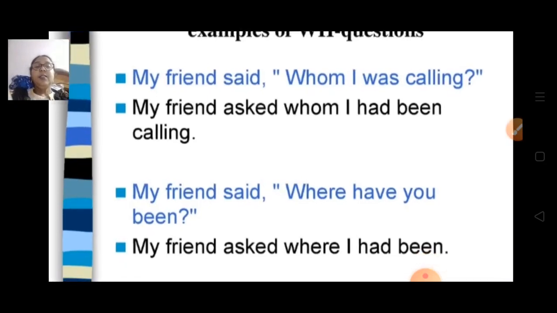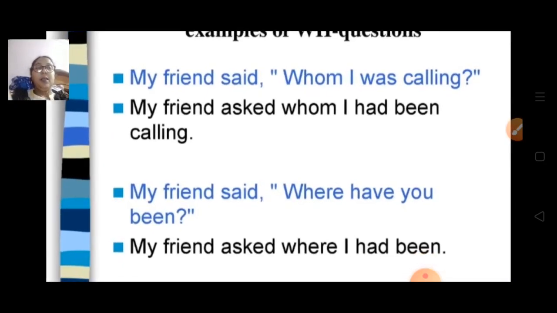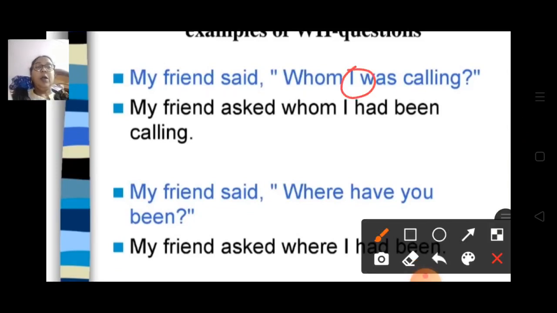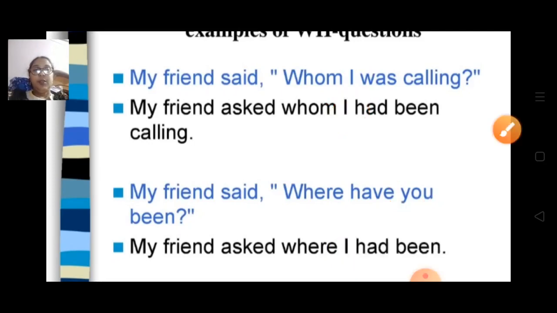My friend asked where I had been. So in the pronoun change, I will remain the same over here. And where have you been, here you can see you becomes I. So these are the formations of interrogative sentences in direct to indirect speech.